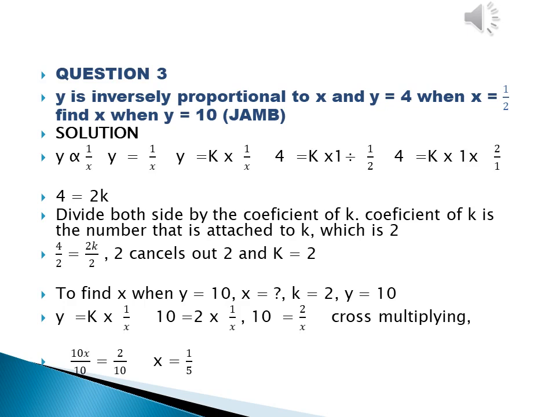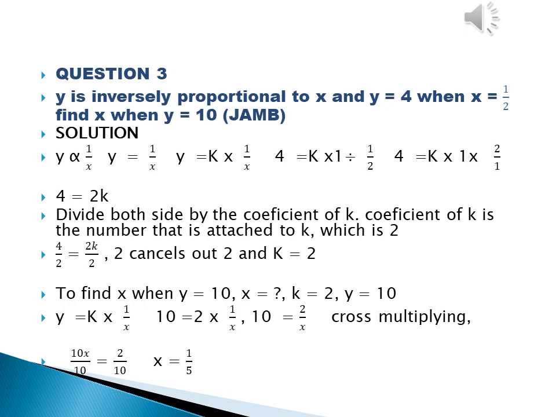Because 1 divided by 1 over 2 means we have to change to multiplication. So 2, which is the denominator, will go up, and 1, which is the numerator, will come down. So 1 divided by 1 over 2 becomes 1 multiplied by 2 over 1.